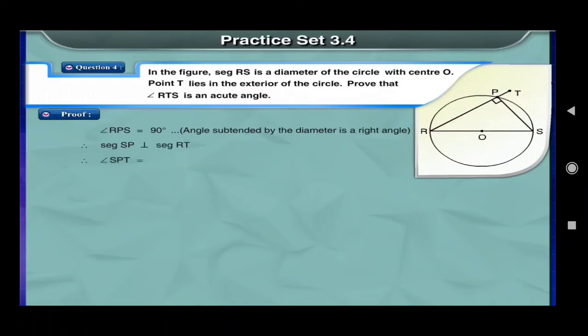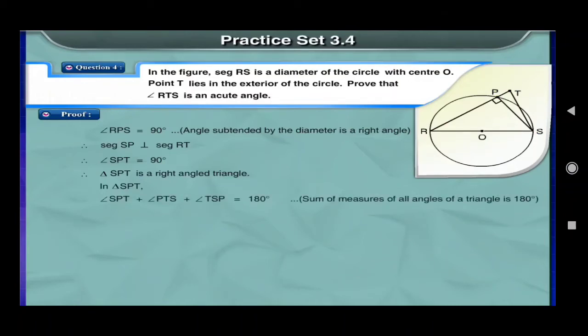Therefore, angle SPT is equal to 90 degrees. Therefore, triangle SPT is a right angle triangle. Now, in triangle SPT, angle SPT plus angle PTS plus angle TSP is equal to 180 degrees, since the sum of the measures of all the angles of a triangle is 180 degrees.